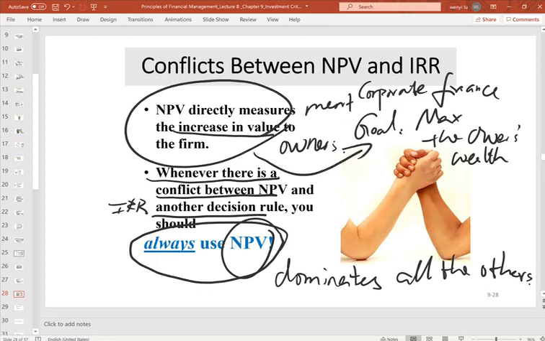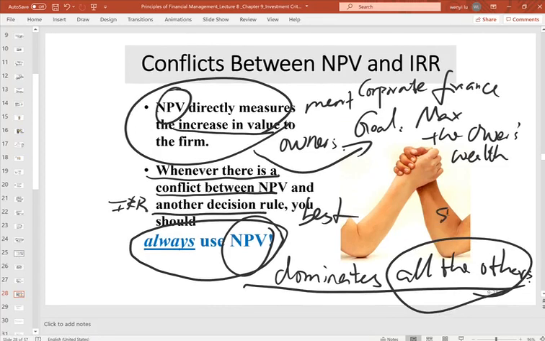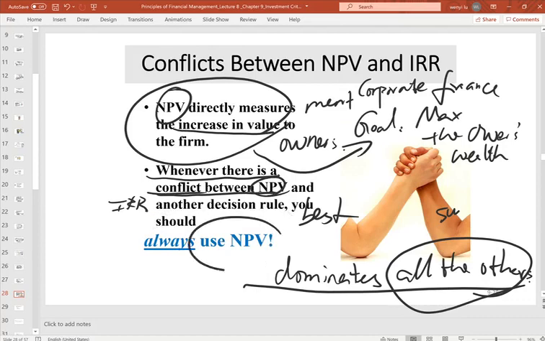So this method is the best and dominates all the others. The other techniques are just supplementary, to support the NPV technique. If there are some conflicts between NPV and the other techniques, we will always use the NPV method.